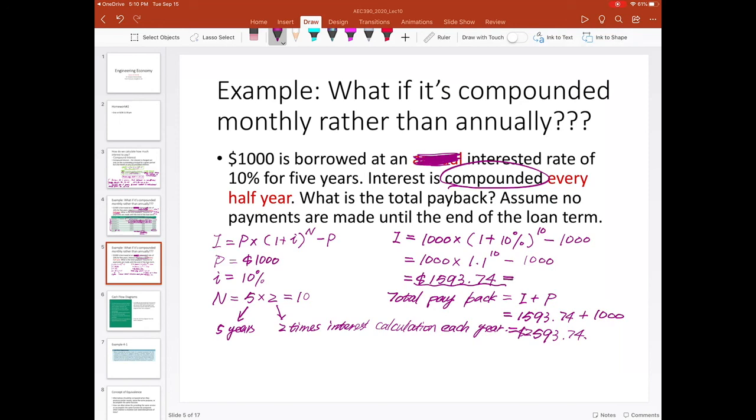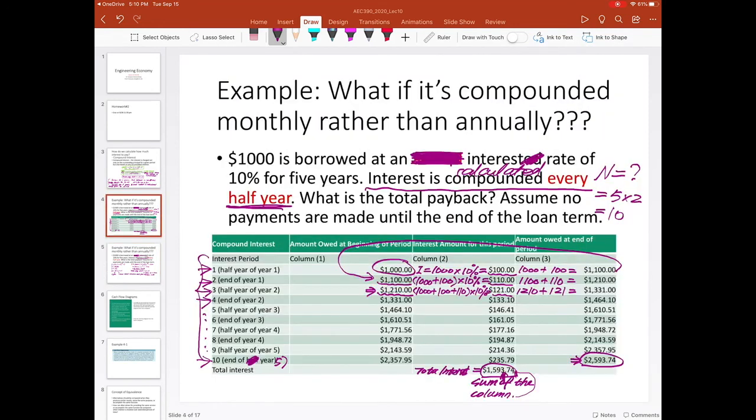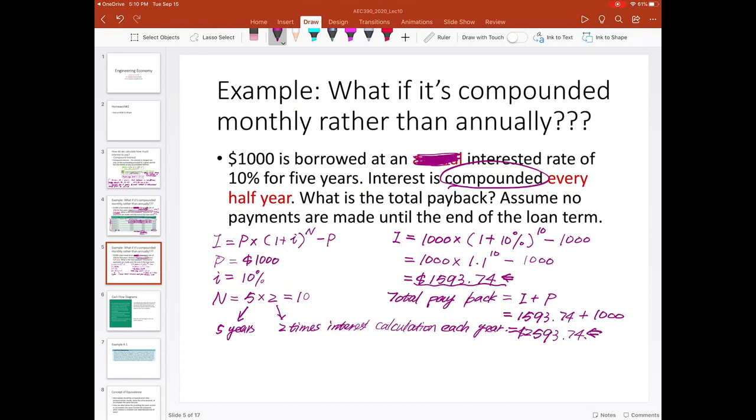Okay, now you can compare these two numbers, this number and this number, from the formula. Exactly the same, right? Which means the equation works, which also means our manual calculation works. But usually when you have such a problem, I would like to use the equation method because it's quicker.